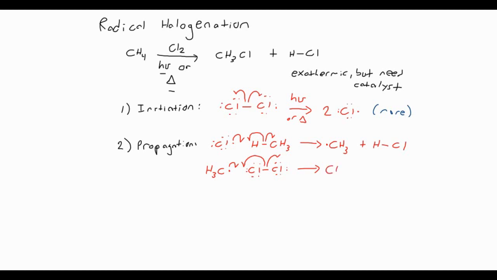And this is going to form our product, CH3Cl, plus another chlorine radical. So you can see that in each of these propagation steps, we have started with one radical and ended also with a different radical. So that's what this means by propagation. It's a chain reaction, and it's propagating that radical. And those steps will be the most common.